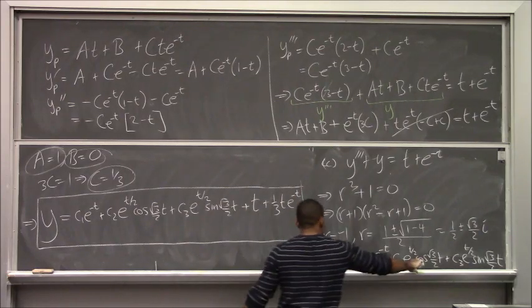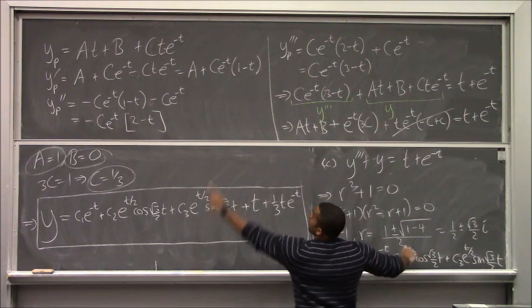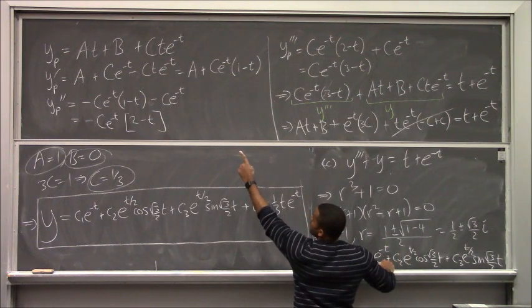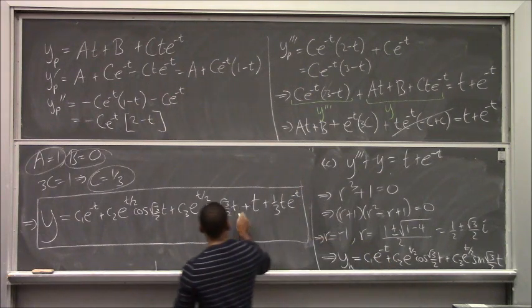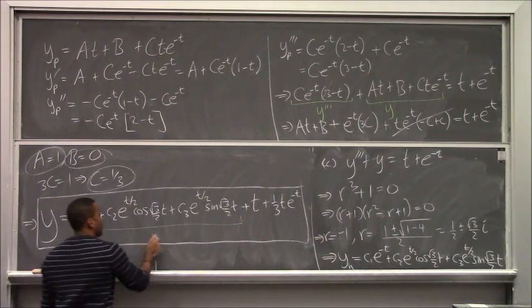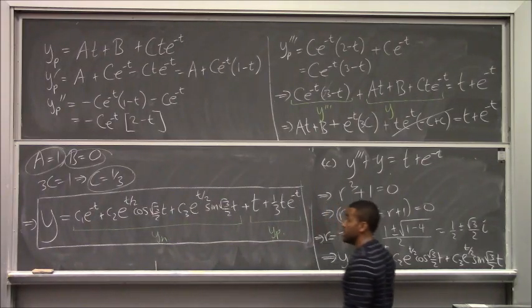Should be 1/3 e to the minus t? No, the original is a t plus b plus c t e to the minus t. Right, so this here is my yh, and this here is my yp, and that is the general solution.